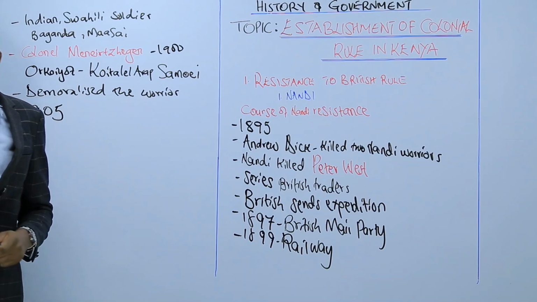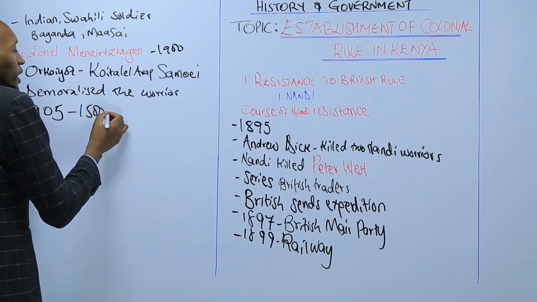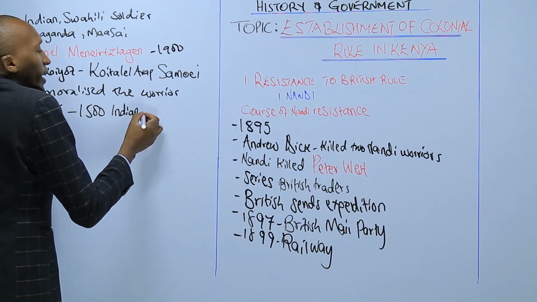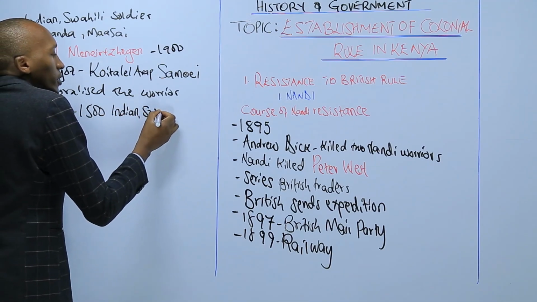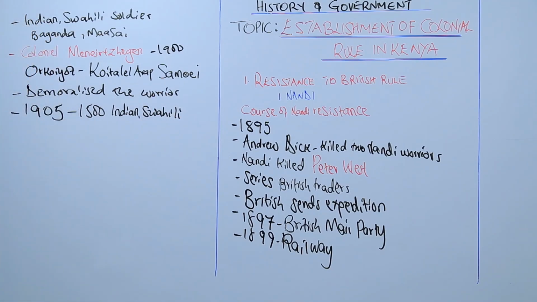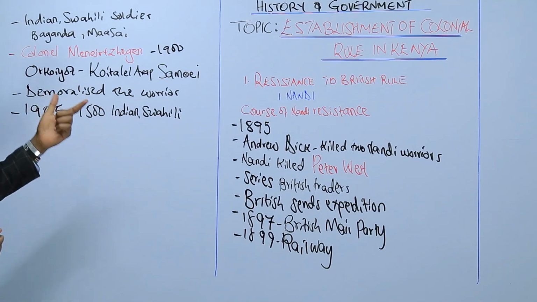They were able to get 1,500 Indian and Swahili soldiers to come and fight against the Nandi.